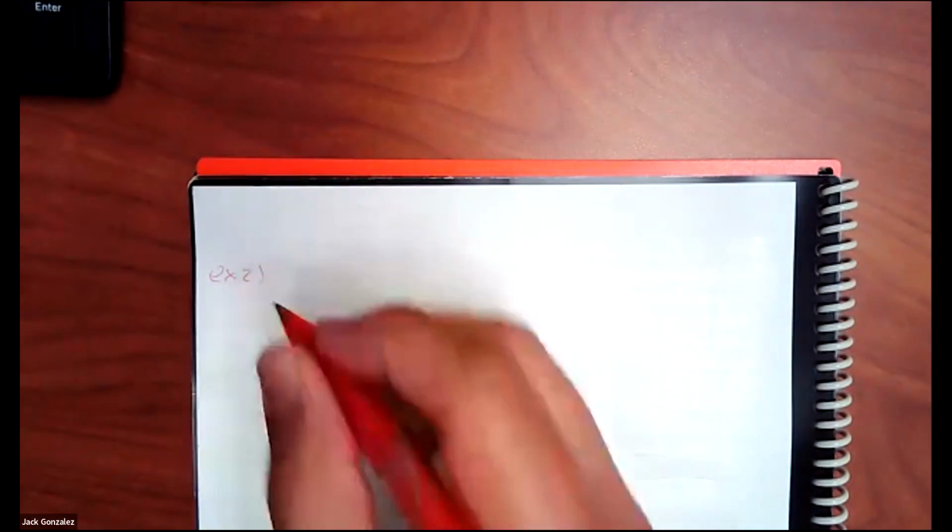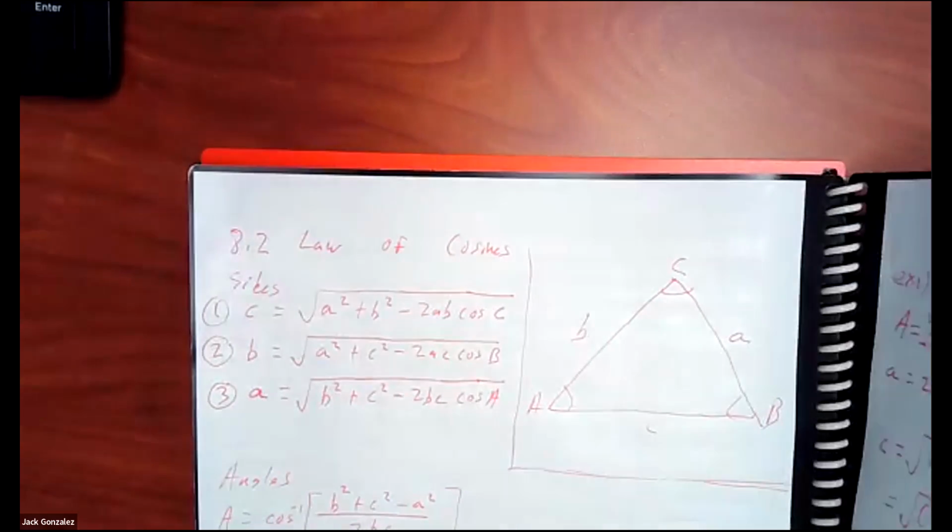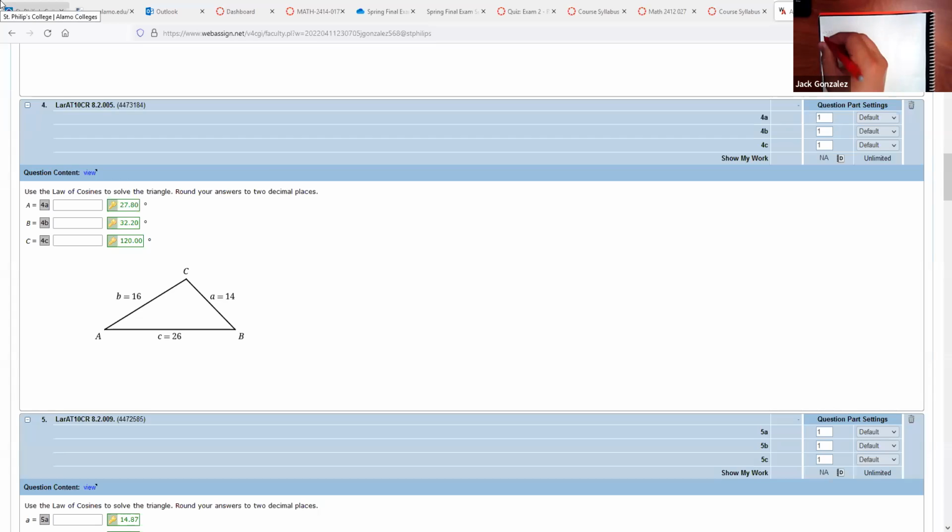Example 2, let me write down what they had. We'll just draw the triangle out. This time I'll write the way we have in the notes.